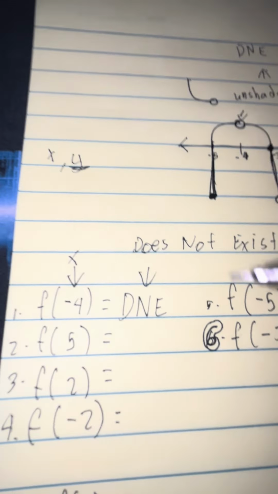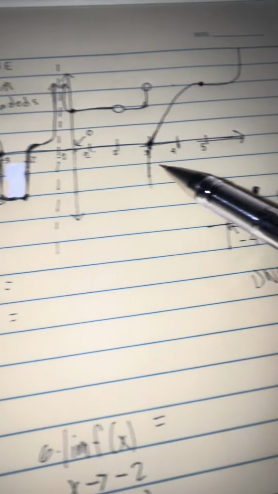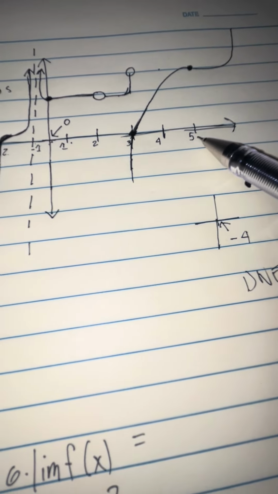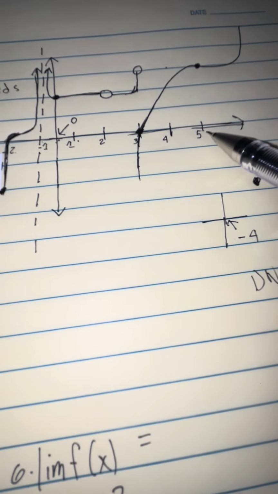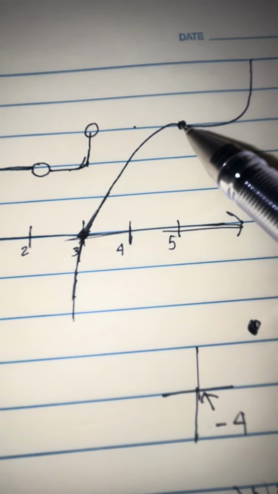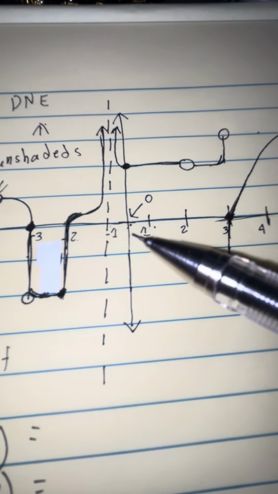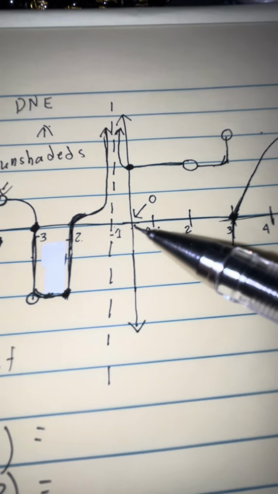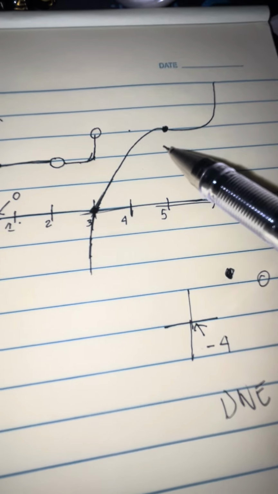But now let's go to f of 5. Let's find 5. 5 is right here. Now, what is the value of y when x is equal to 5? You see this shaded circle here? Let's count from the origin, which is 0, 0, and move up until we hit this dot right here.